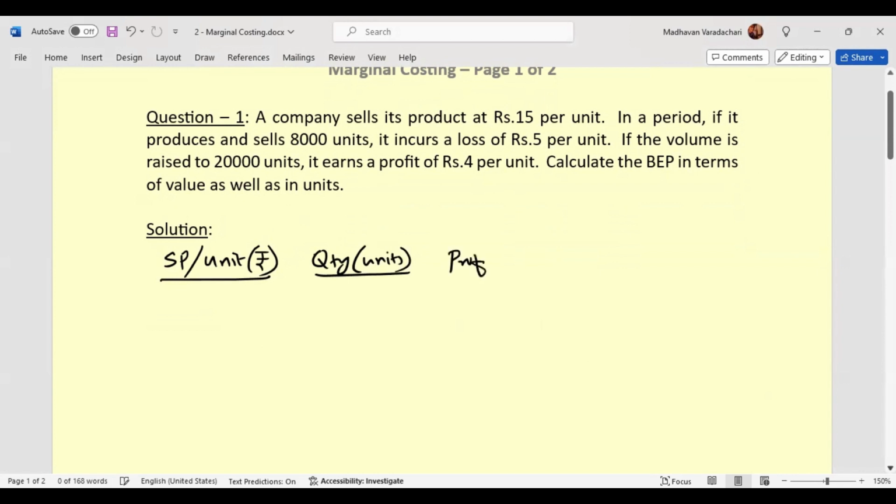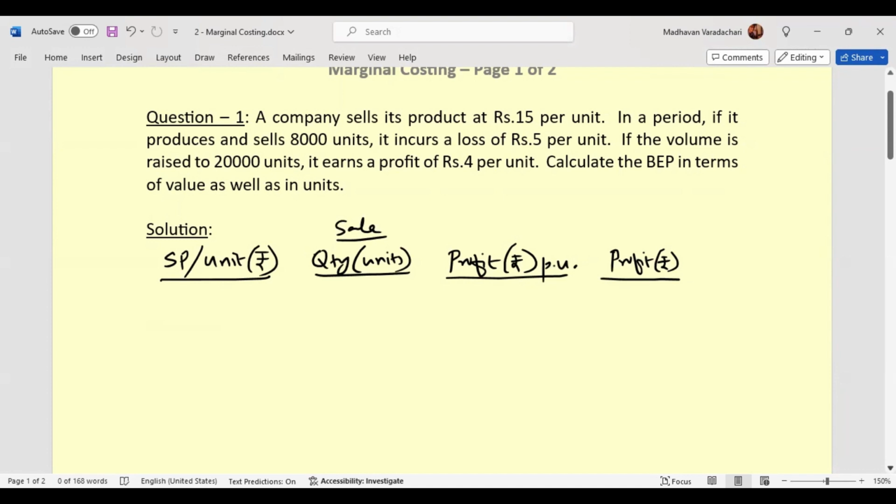So I will write here profit in rupees per unit. Then we will simply write profit in rupees. This is sale quantity.